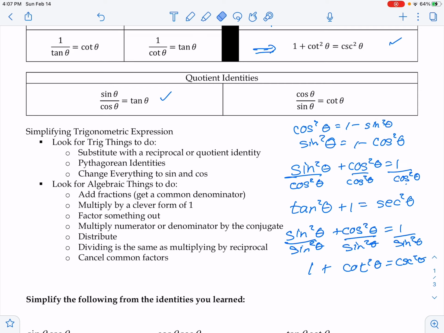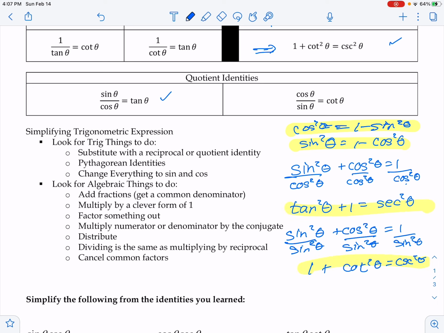Okay, so I didn't mean to erase. Dang it, cosine squared theta equals 1 minus the sine squared. I wanted to highlight this one. Okay, there's your identities. Know those.